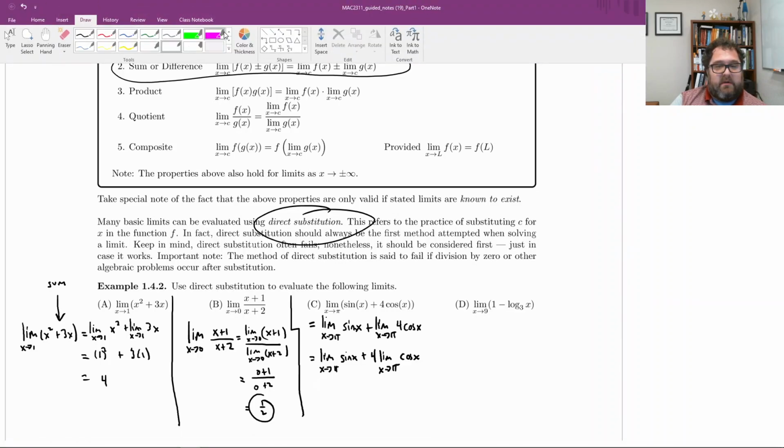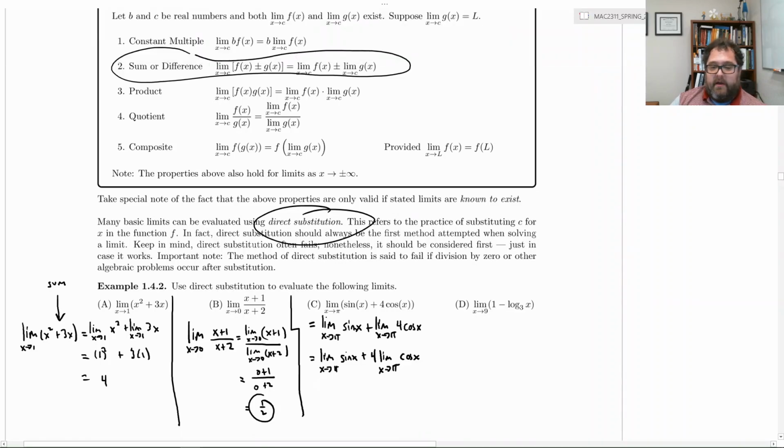Now we can say, all right, we have two limits. I can evaluate them individually, and we get sine pi plus 4 times cosine pi. The reason I can do that is because I know that sine and cosine both have domain all real numbers.